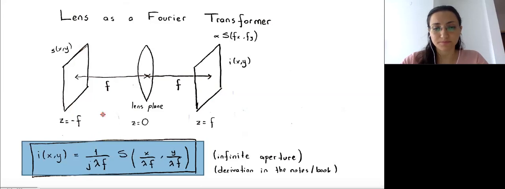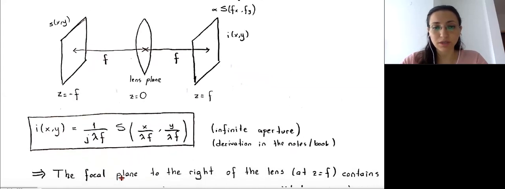Okay, so basically what we have in this focal plane is the Fourier transform of the object in this plane. Okay, so I(x,y) in this plane is simply the Fourier transform of the object with some scaling. And the scale here is lambda times f. Okay, this is an important relationship.